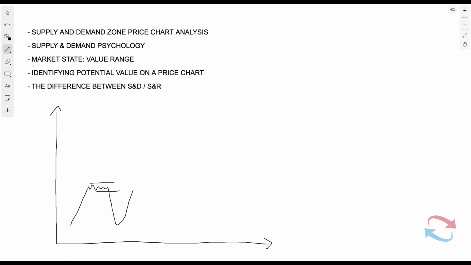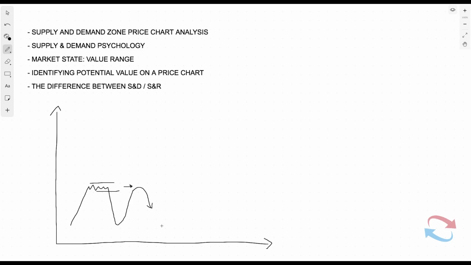Because you saw demand, then loads of supply pushing price down, and there should be supply in the future when price comes back up to this zone. And that's the way it's taught, really.